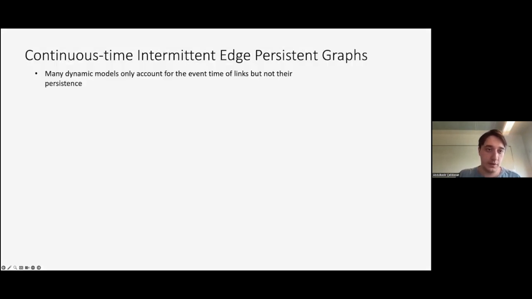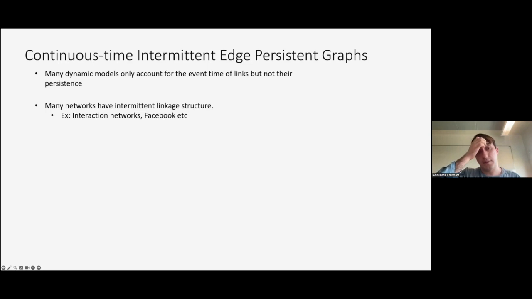So yes, that was the first part, our approach, the piecewise velocity model. Many other continuous time networks mainly focus on the event time of the links, but not their persistence. But many real networks have this intermediate link structure.